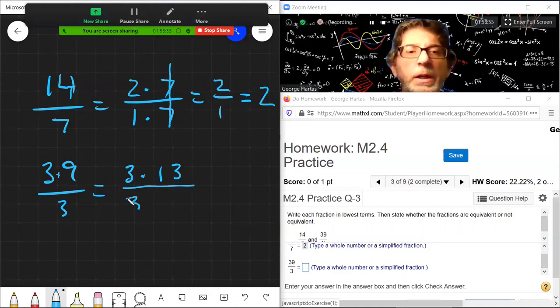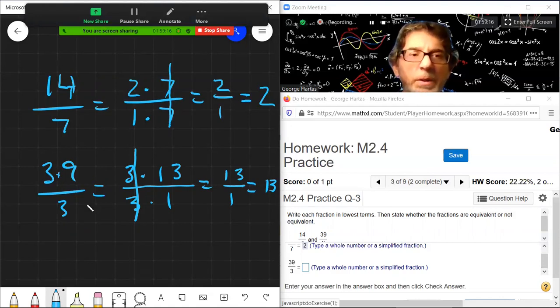And then 3 times 1 is 3. The 3's cancel out, and this becomes 1. I'm left with 13 over 1, and 13 divided by 1 is 13. So 13 is the lowest terms for 39 over 3. So 13.